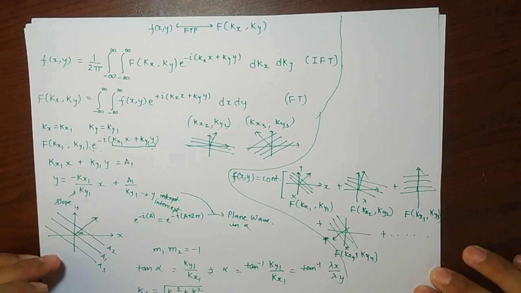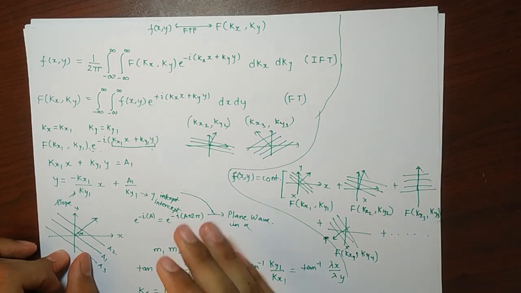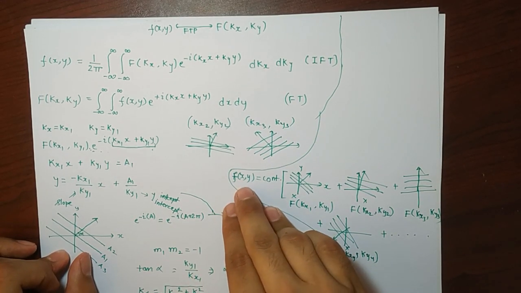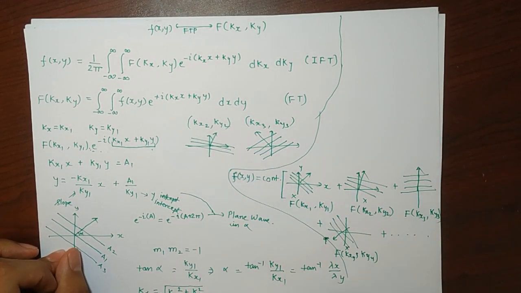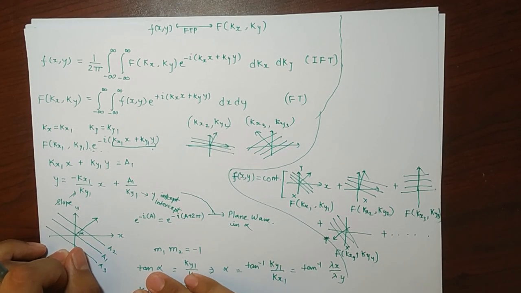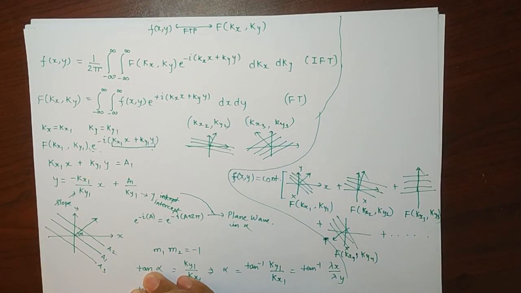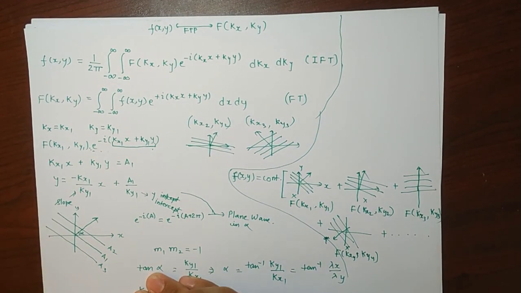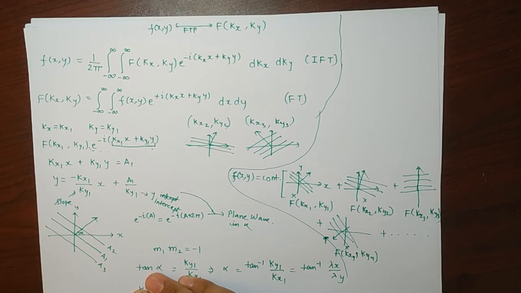So now you can feel that this f of xy is some constant multiplied by the waves going in every direction into their particular frequency component. So this is how you can visualize a two-dimensional Fourier transform, in fact the inverse Fourier transform.